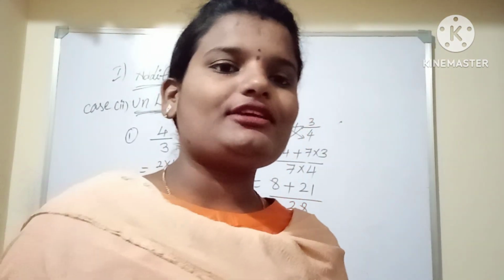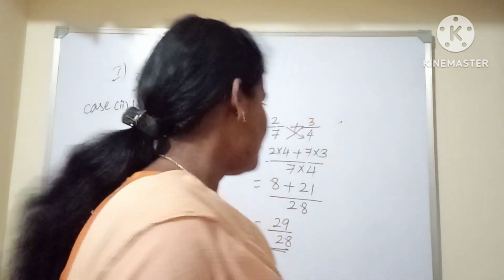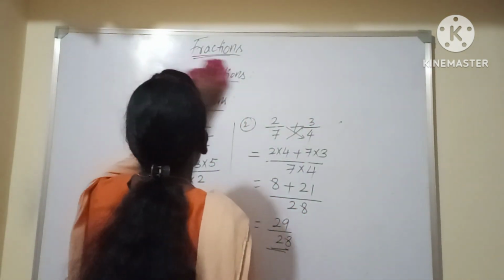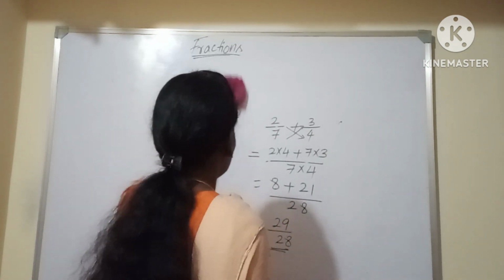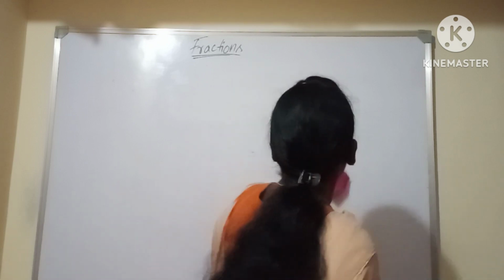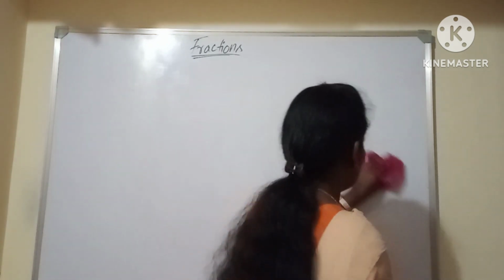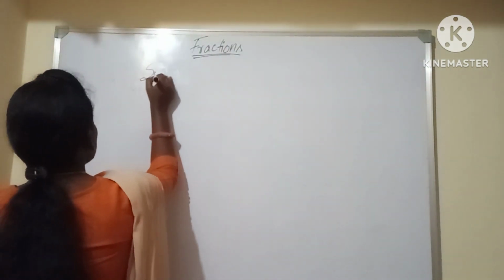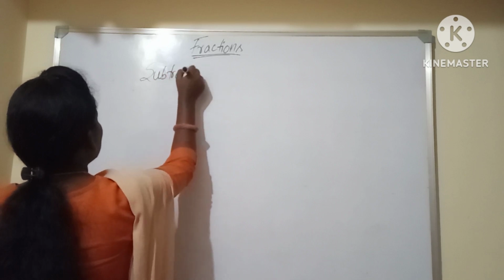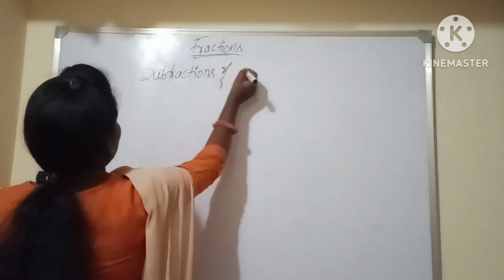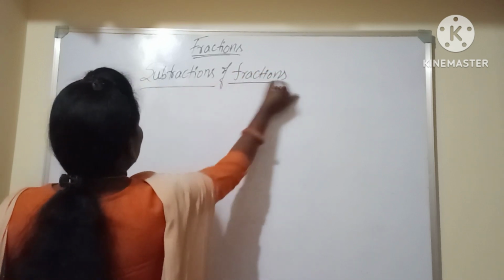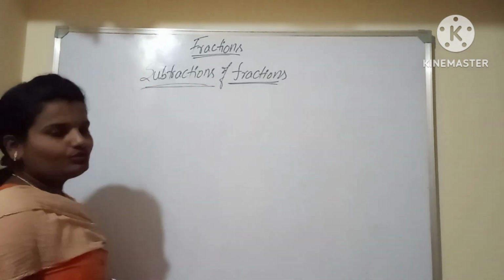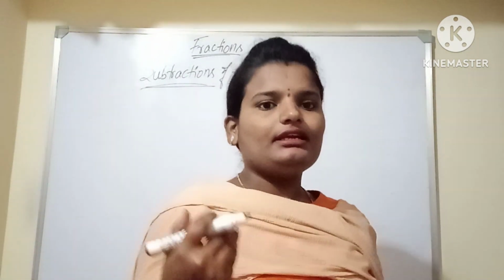Next we will see subtraction. How to do subtraction of fractions. Here also it is the same thing, and it depends on two cases: if the given fractions are like, or if they are unlike.